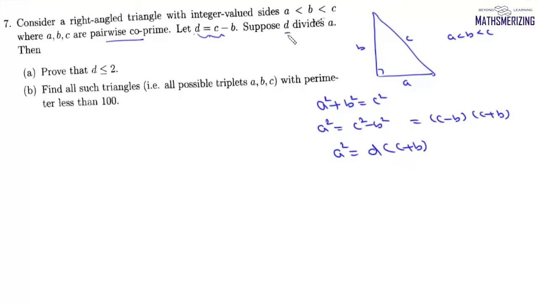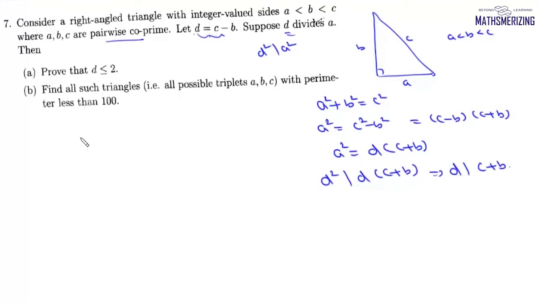In the question it says d divides a. Now if d divides a, then d square divides a square. So if d square divides a square, it simply means d square must divide d into c plus b. And if d square divides d into c plus b, it implies that d divides c plus b.